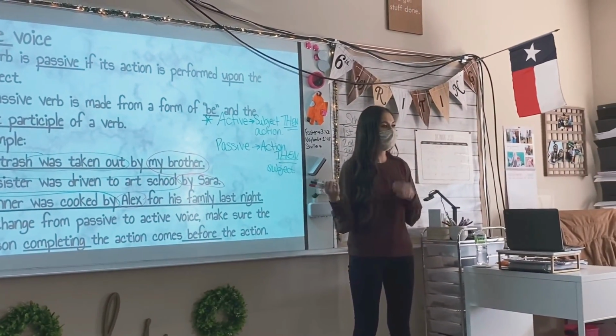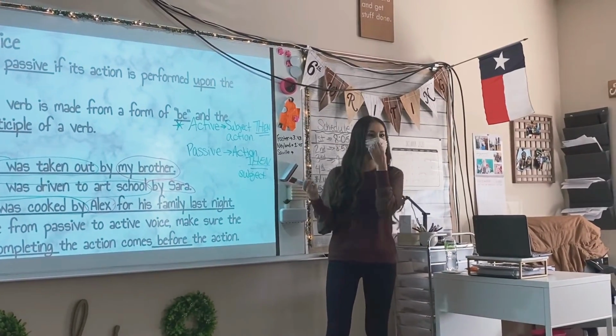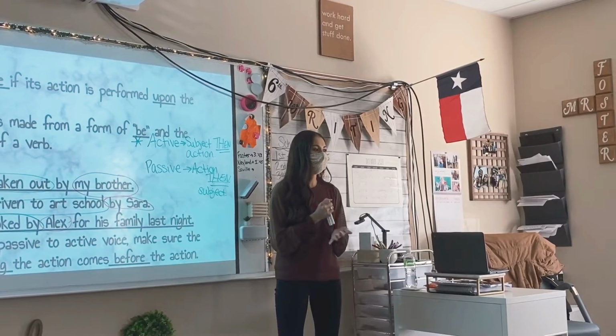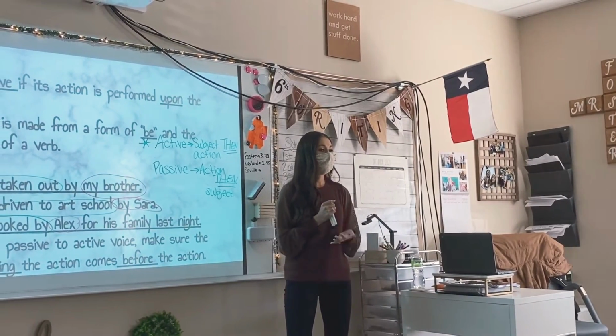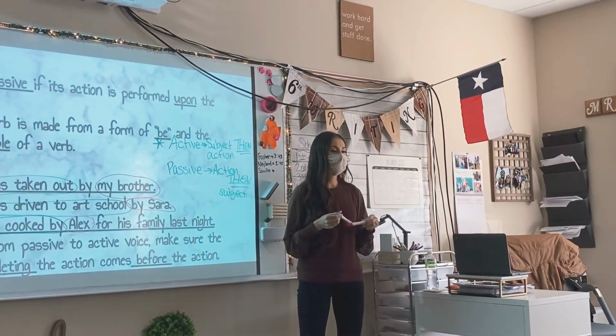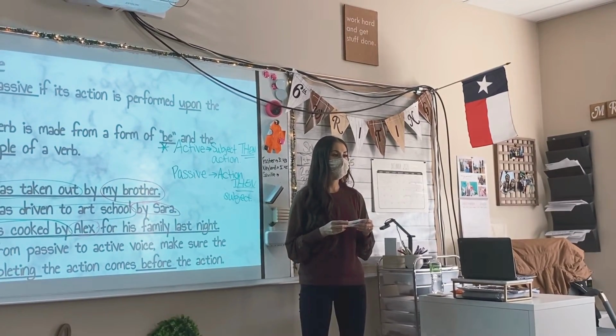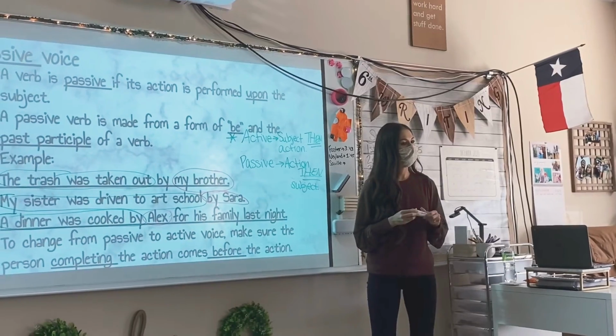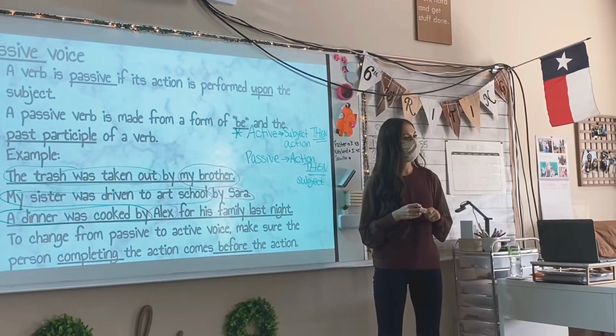Does anybody want to try to give me a passive voice? Somebody other than Riley and Violet? Anybody? John Deere? The wreath was put on my door by my mom. Very good.